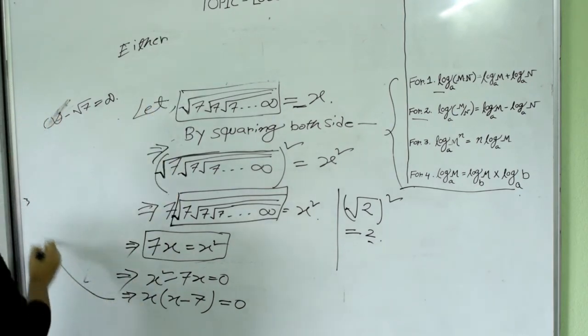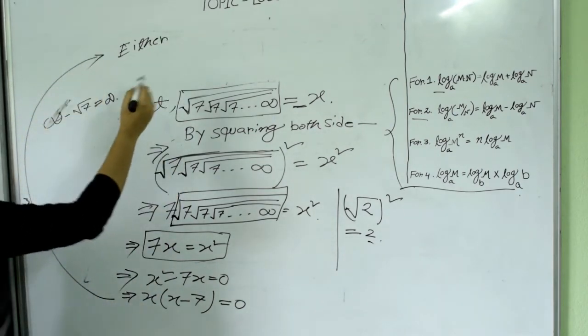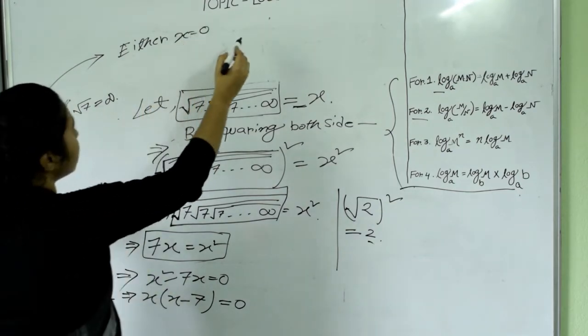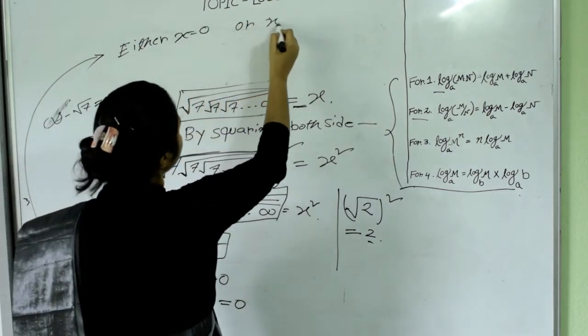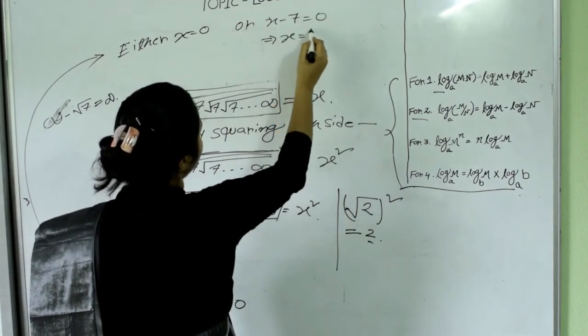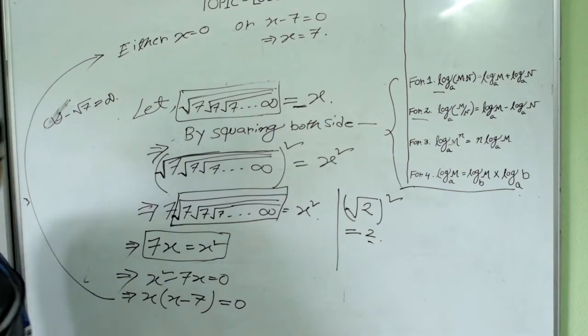After this line, either x equals 0 or x minus 7 is equal to 0. That means the value is x equals 7.